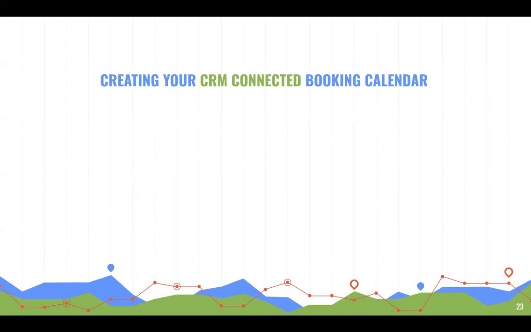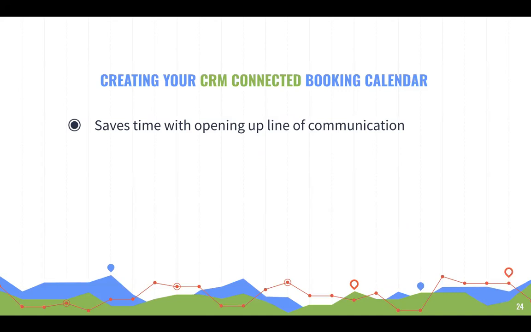So in terms of creating your CRM that's connected to the booking calendar, we're going to help you save time by opening up this communication between your team and the clients, and streamlining as much of that as we can. And by setting up those immediate follow-ups, the thank you email, the Google Calendar setup, it builds trust in your business that you have processes set up that help move the client along.